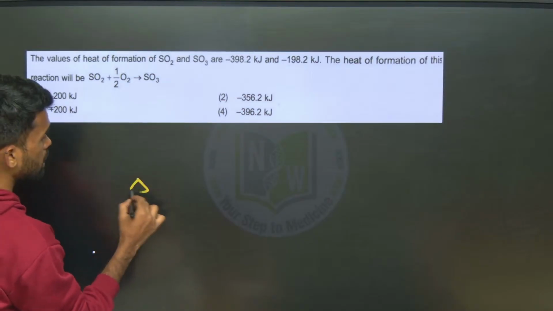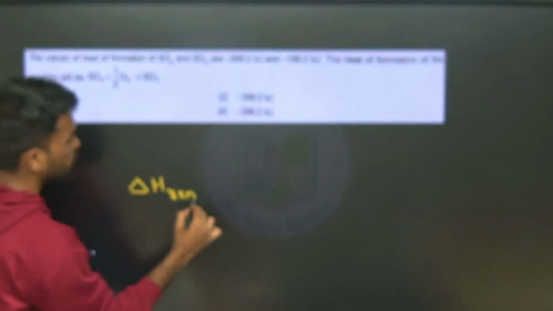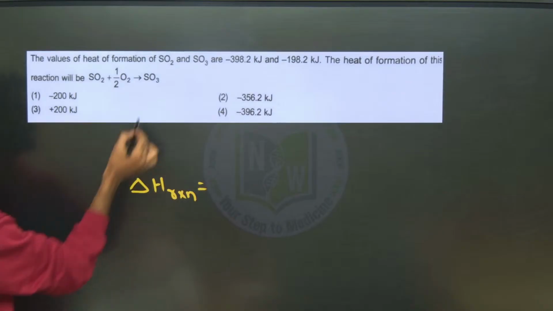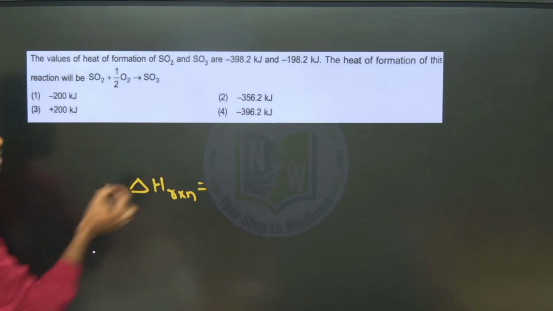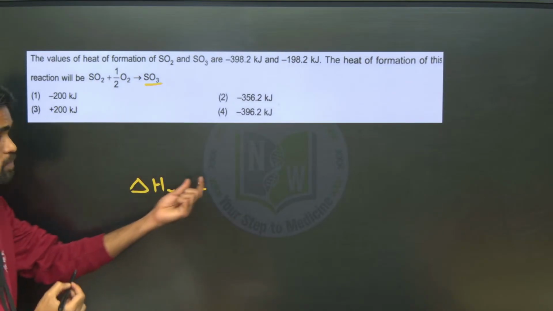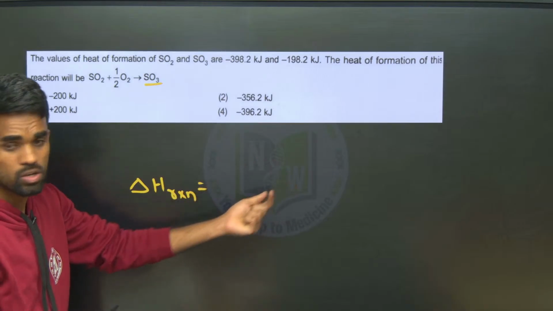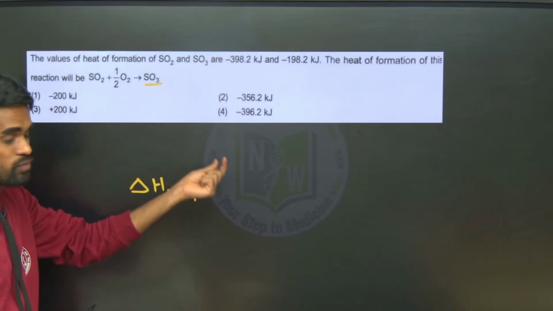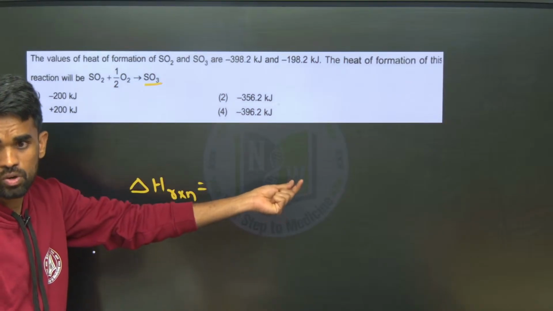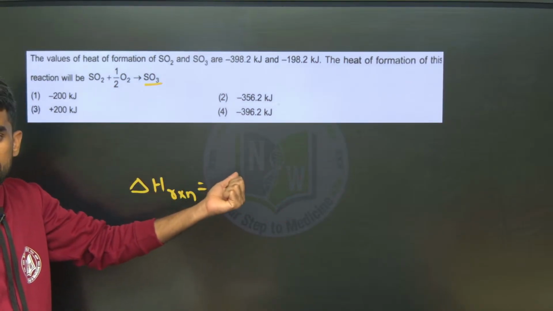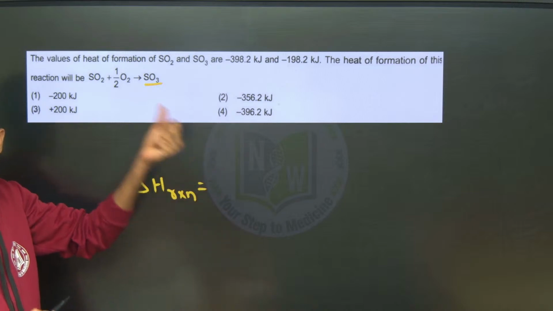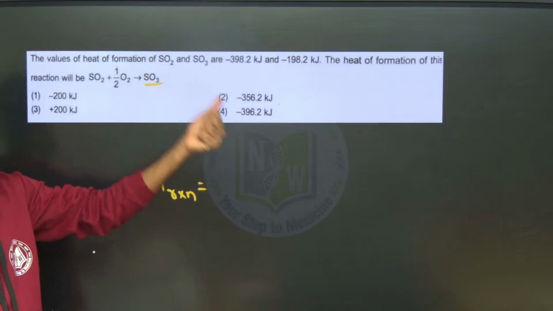So delta H reaction, whenever the formations are given, what is forming in the given reaction? Products are forming. So write first products minus reactants. If formations are given, write forming minus deforming. If combustions are given, which is undergoing combustion? Reactants. So reactants minus products you can take.